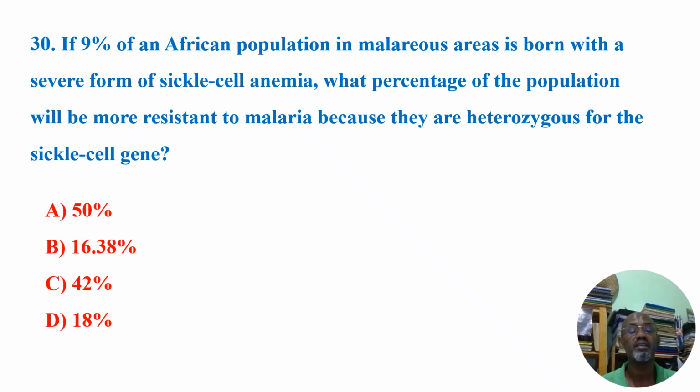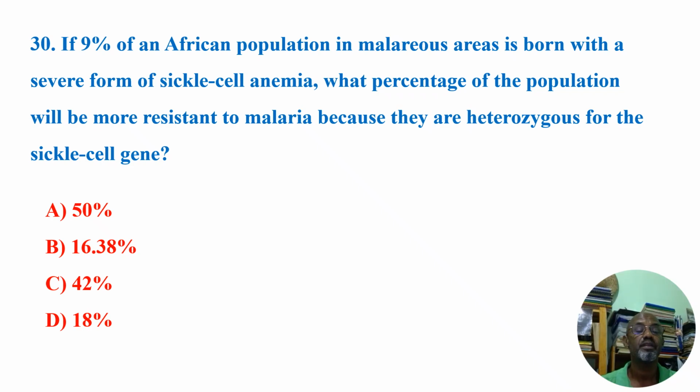And the answer is, of course, you can calculate it. If 9% of an African population in malaria-prone areas is born with a severe form of sickle cell anemia, you see, sickle cell anemia is a recessive genetic disorder. What percentage of the population will be more resistant to malaria? Because they are heterozygous.